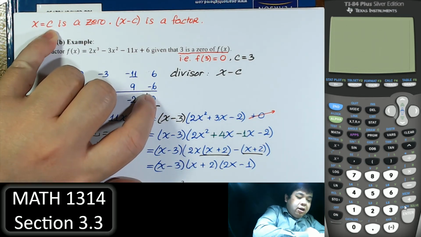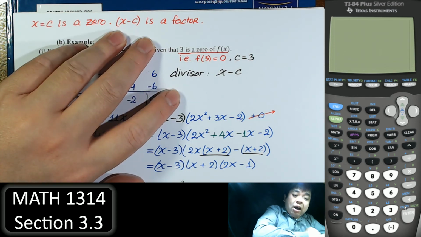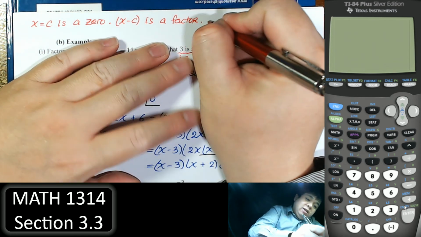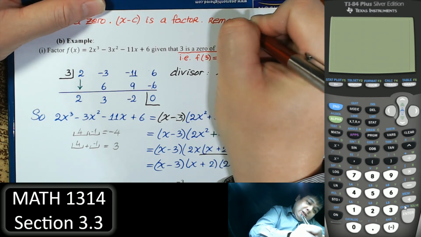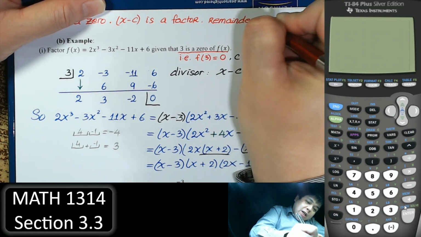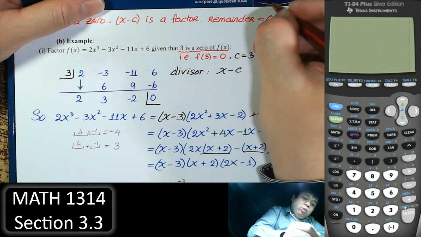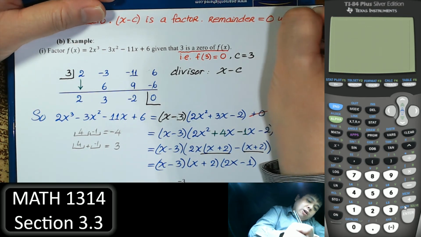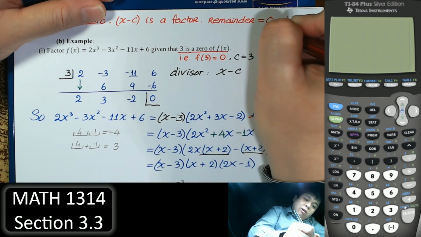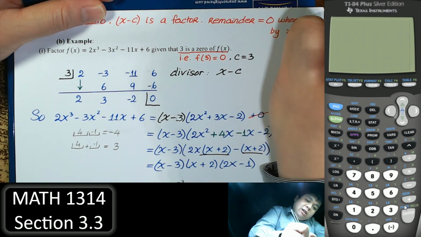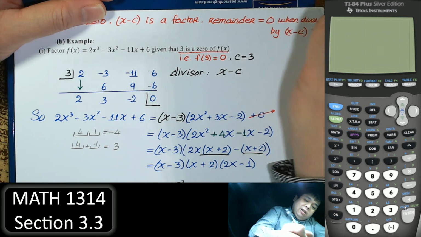If c is a 0, x minus c is a factor, and the remainder is equal to 0, of course, when dividing by x minus c. Right.